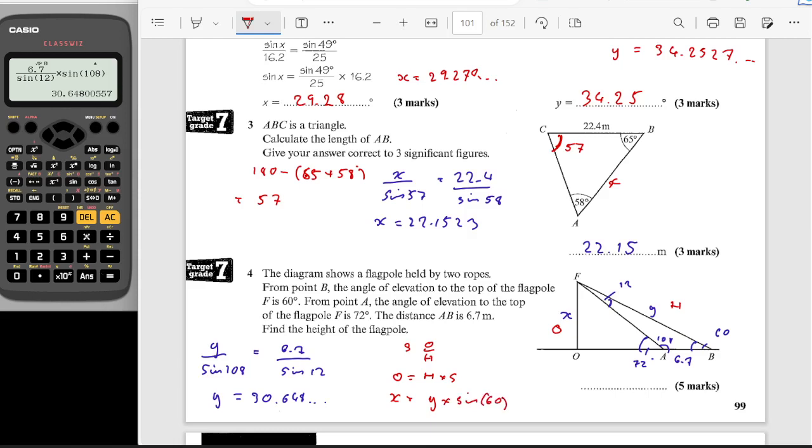So if I times that by sine of 60, that should give us our answer. So I will just write it here again. That's going to be 26.5419... So I'm going to say that that's 26.54.